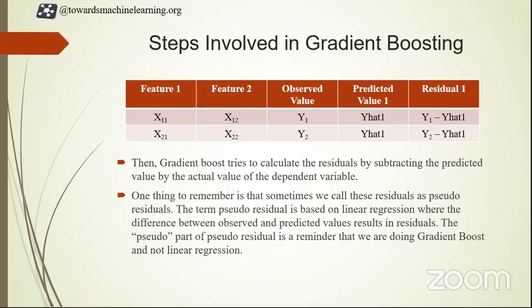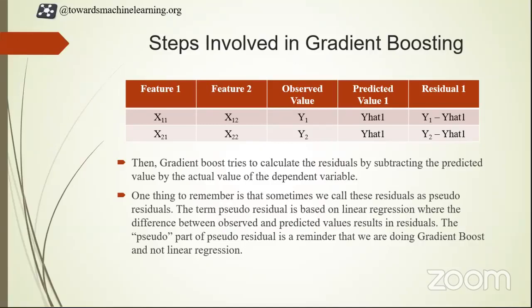Now, one thing to remember is that sometimes these residuals are known as pseudo residuals. Why do we call them pseudo residuals? If you have an idea about linear regression, in linear regression we also calculate the residuals. They are also the difference between the observed and the predicted values.